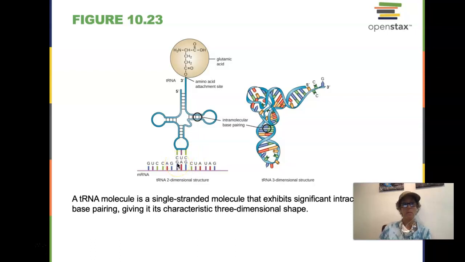Because if the mRNA is GAG, the base pair for that is G would pair with C, A with U, G with C, temporary hydrogen bonds to hold that tRNA in place. And that code says this CUC tRNA needs to deliver glutamic acid.